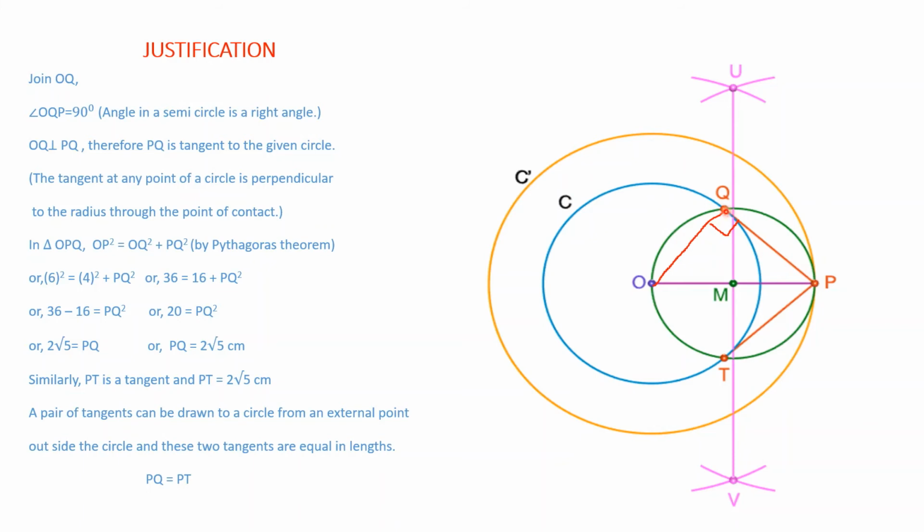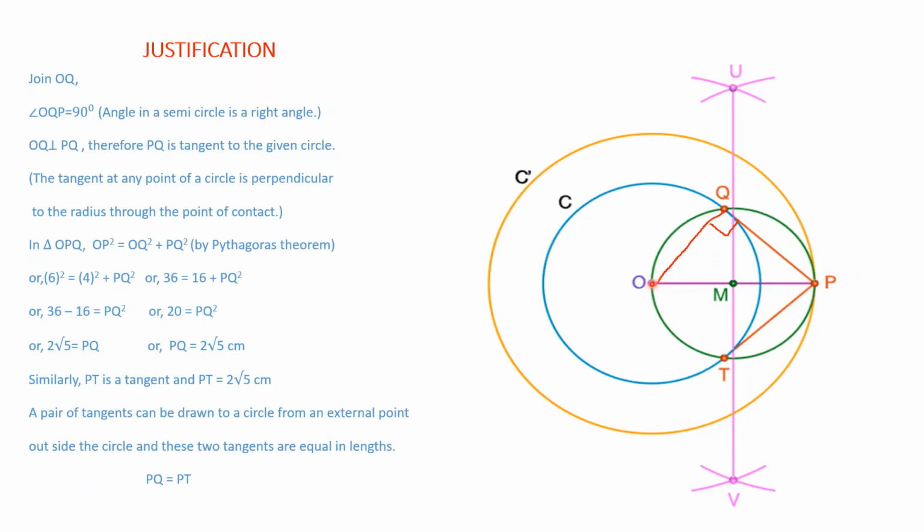So QP is a tangent, because we know the tangent at any point on the circle is perpendicular to the radius through the point of contact. PQ is a tangent. Similarly, when we join OT, OTP is 90 degrees and PT is a tangent. So PQ and PT are a pair of tangents drawn from point P to the circle C.